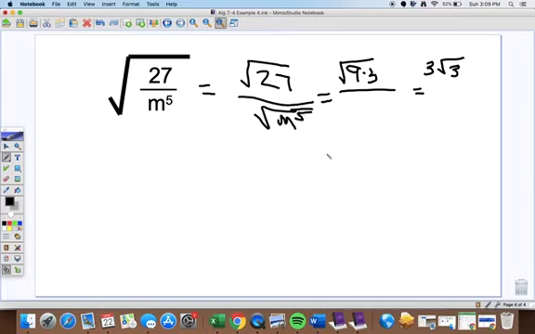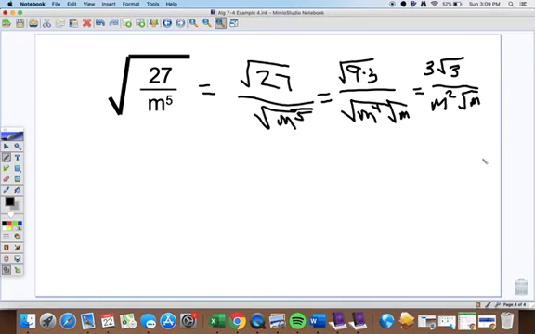And then hopefully you figured out that I can change this to m to the fourth times m. And we know that the square root of m to the fourth, from what we've done in, I believe, example 3, is just m squared on the bottom. And then the square root of m stays under.